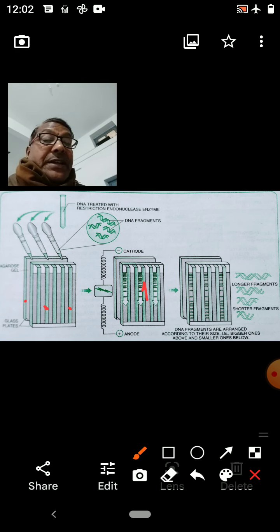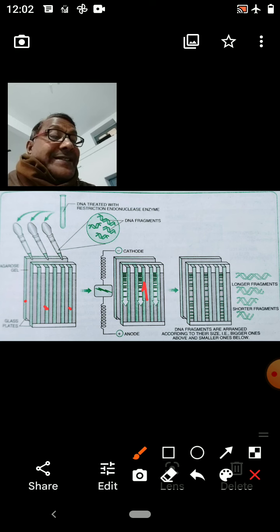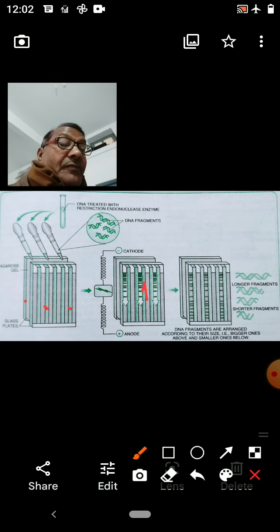Their movement is inversely proportional to their size. The larger or heavier fragments move slowly, but lighter or smaller fragments move faster. The DNA fragments of different sizes form bands on the gel.